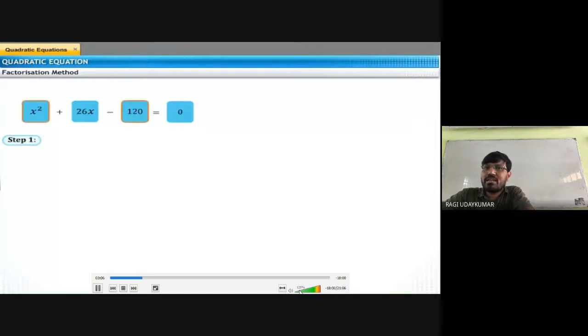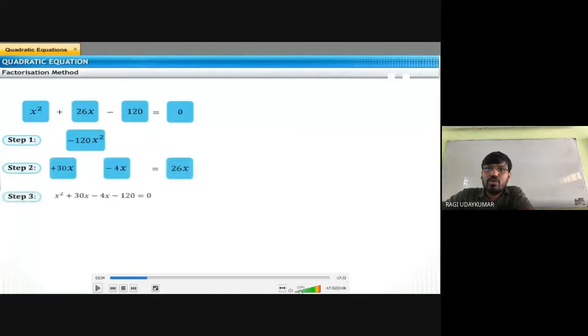The first step is to multiply the coefficient of x square and the constant, so you get minus 120 x square. In the second step, split the middle term into two numbers such that the product is minus 120 x square, and the difference is 26x, where only constants can be taken.